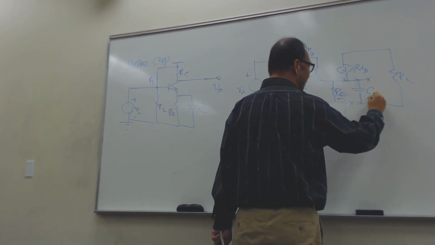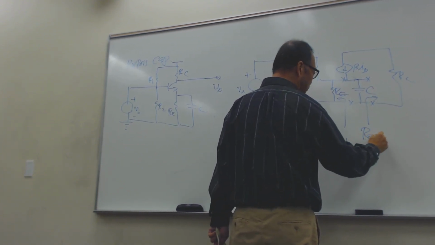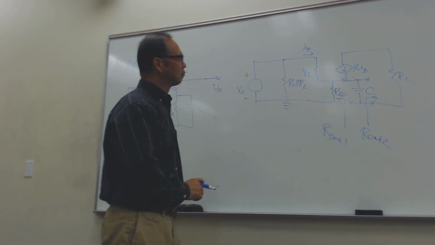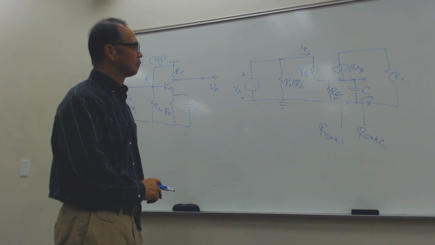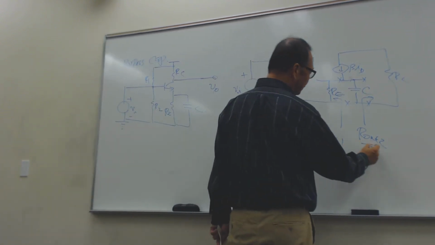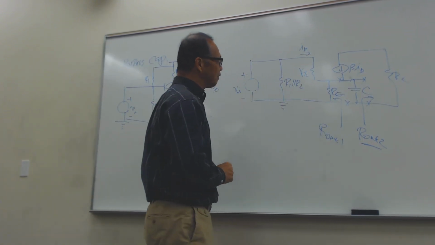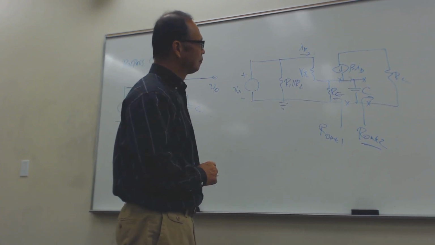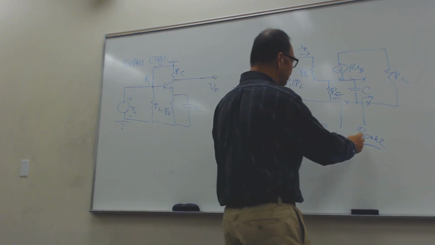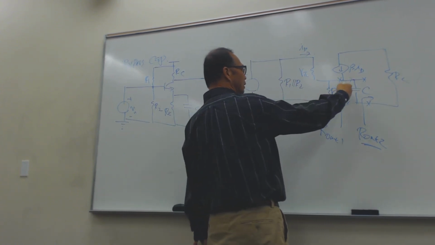So if you look at the other side, then there's R2, yes? Yeah, but this R2 could be difficult to find, I think. Correct? How do you find? You know, going this way is easier.